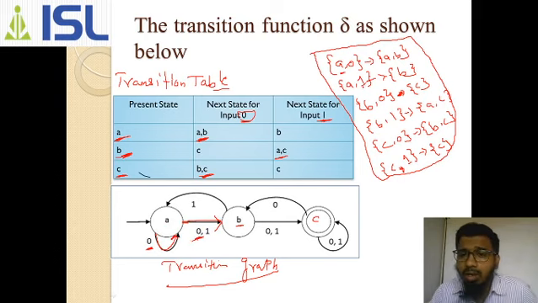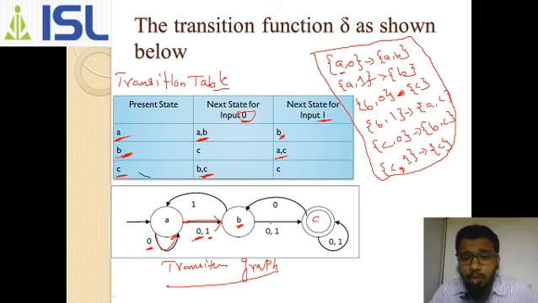A comma 1 is B. How did we get this answer? We got this from this table.